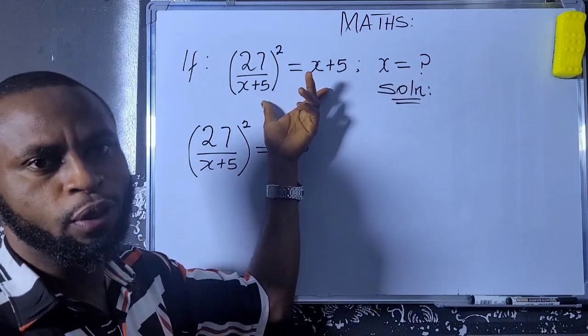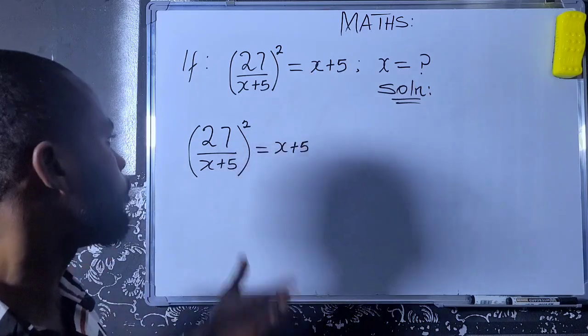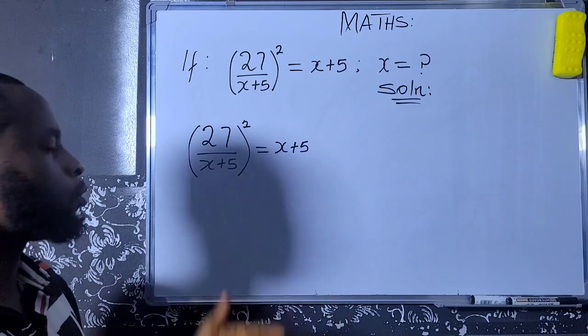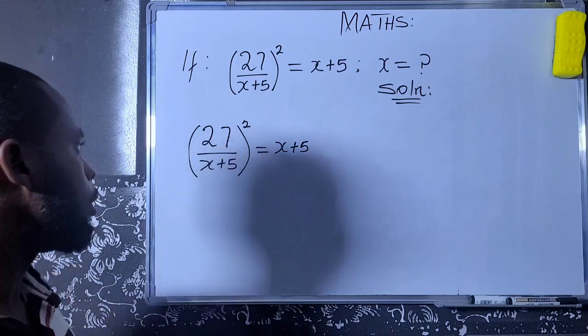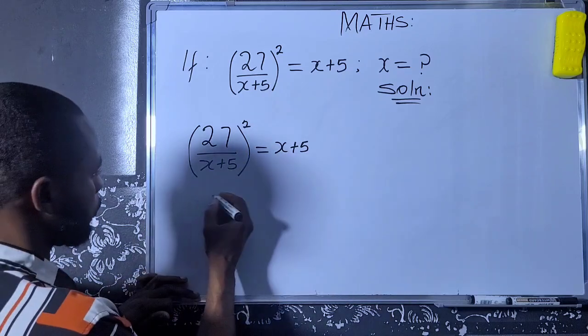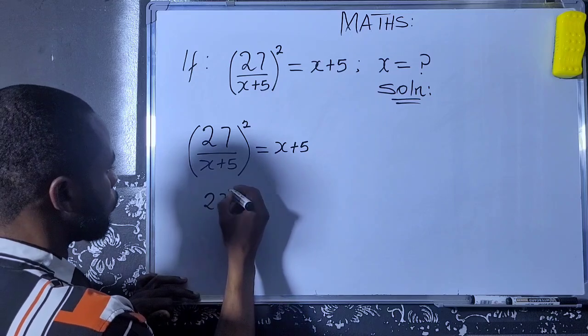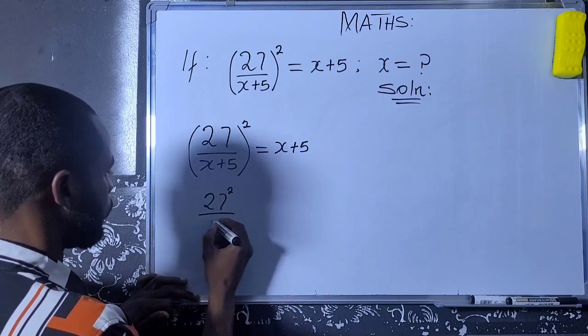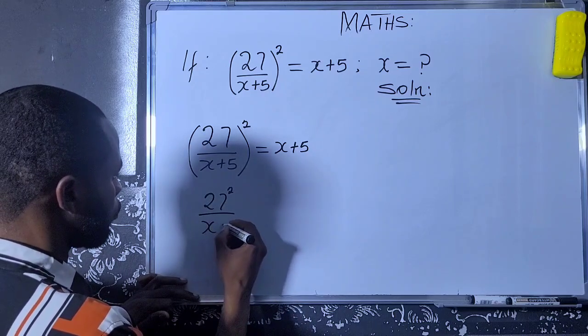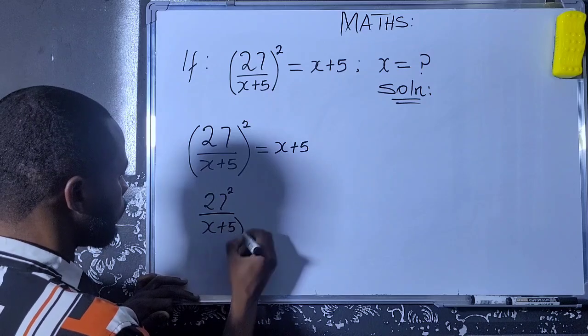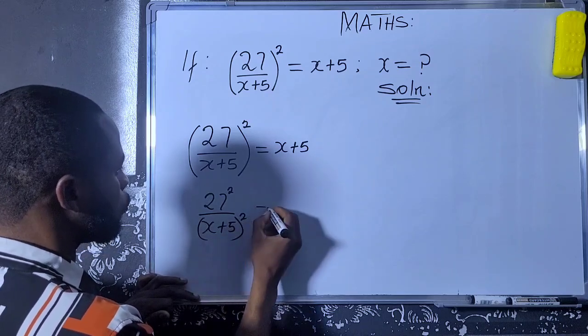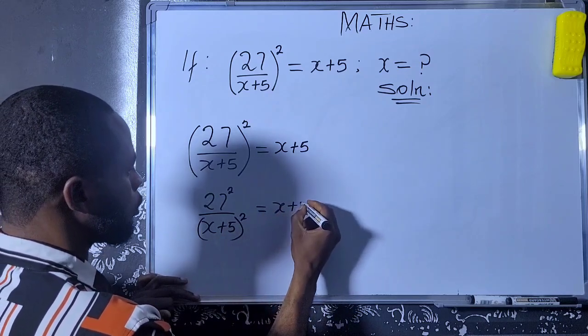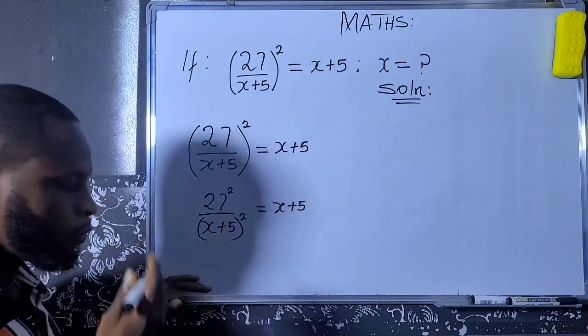In this video, I'm going to teach you how to find the value of x from this given equation. Now, this equation can also be expressed as 27 to the power of 2 divided by (x plus 5) to the power of 2 equals x plus 5.